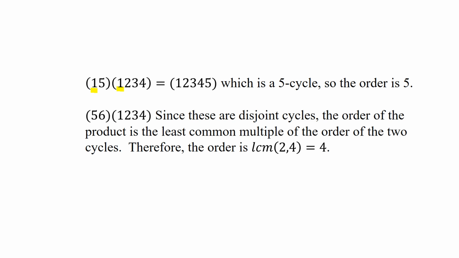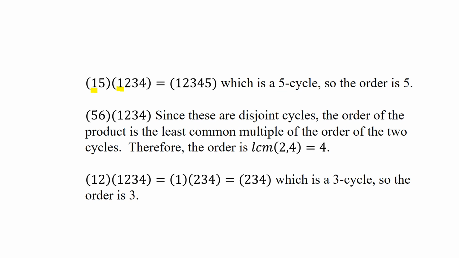The second example, I did have disjoint cycles, so I know from previous work that the order of the product is the least common multiple of the order of the 2 cycles. That has order 2, that has order 4, least common multiple is 4. So this is a case where I have commuting elements. In the previous case, they didn't commute. These cases, they commute, so I do know at least that the order is a divisor of the least common multiple.